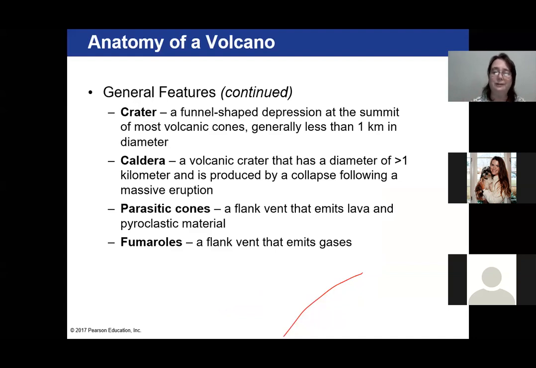A caldera is a volcanic crater that has collapsed, usually after a massive eruption. Yellowstone: the park surrounds the caldera. So go on Google Earth and see how large the park is, and then you can see the caldera is inside that park. It is very long in diameter.